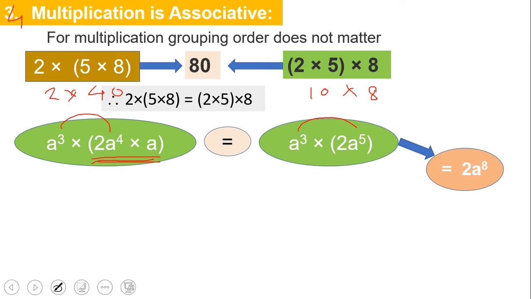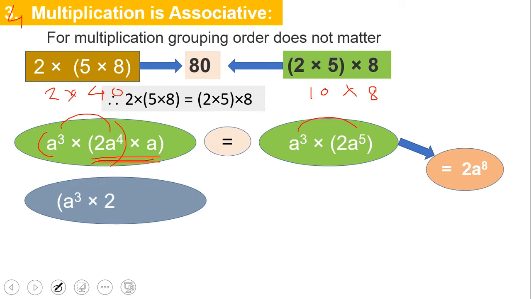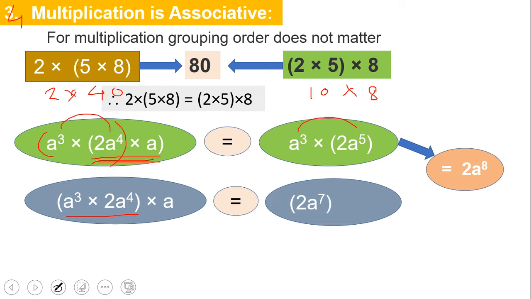Now what is another grouping? This grouping, right? So what will we get? (A cube into 2a to the power 4) into a. Now what is the answer of this bracket? A cube into 2a to the power 4 is 2a to the power 7. So it is 2a to the power 7 into a. And the multiplication of this is what? 2a to the power 8.